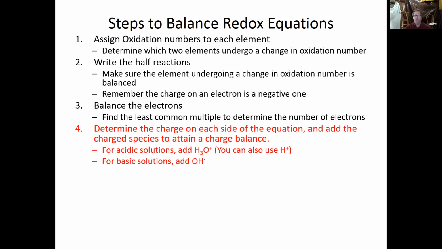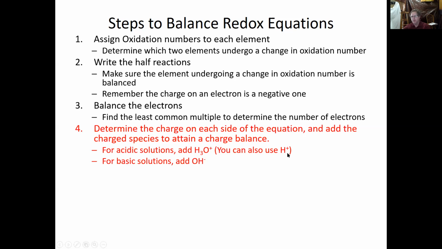So you have to figure out what the charge is on the left side of the equation, what the charge is on the right side of the equation. Now, in this case, you might think, oxidation number and charge, are they the same thing? No, they are not. And that's why we always write the oxidation number with the sign first and the charge with the number first. Now, in order to balance it, we're going to add a charged species. In the case of acidic, that charged species is going to be H3O+.